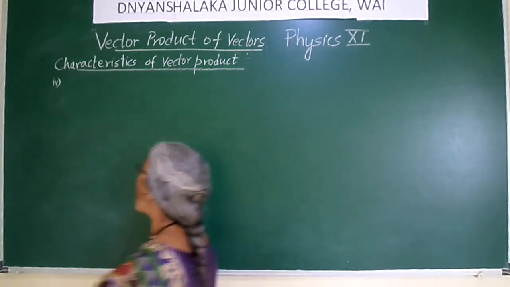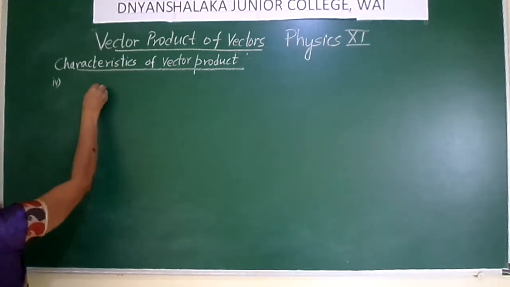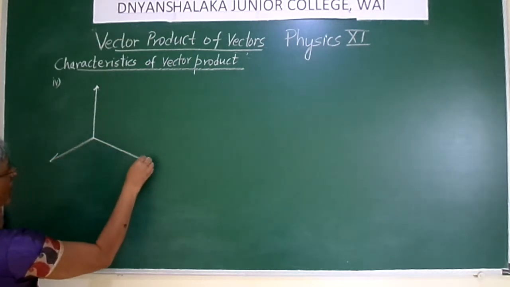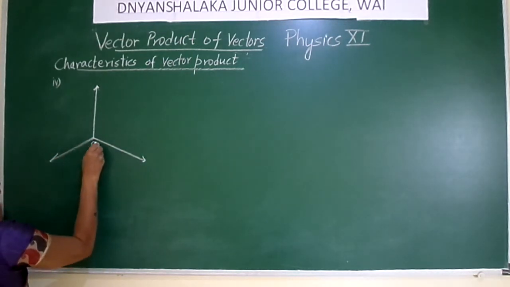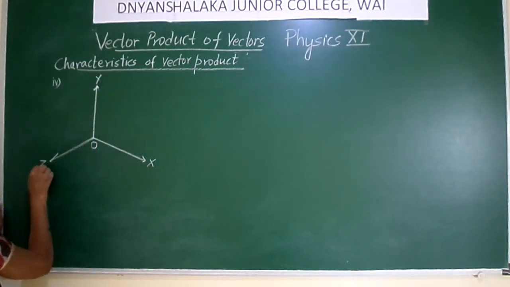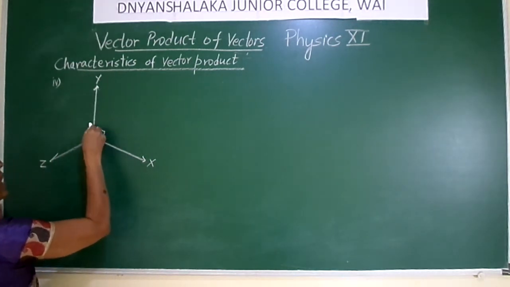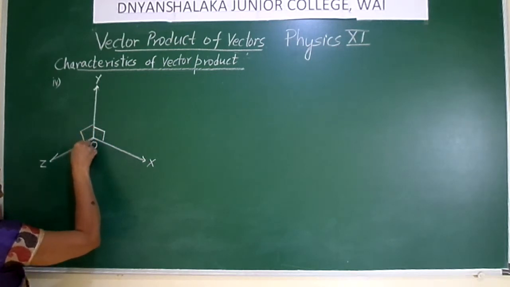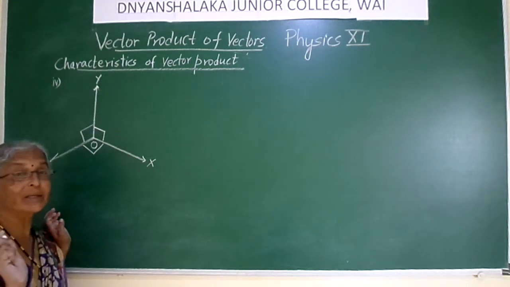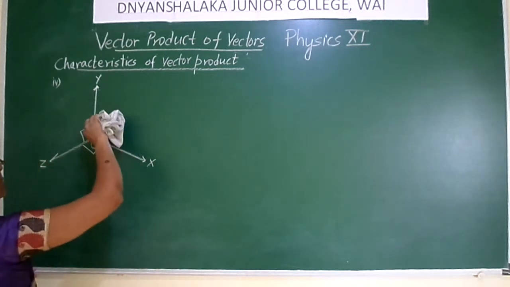Now we are going to consider the rectangular components of these axes, that is rectangular unit vectors. This is origin O. I take this as the x-axis, this as the y-axis and this as the z-axis. The angle between each pair is 90 degrees. That you have to keep in mind. These axes are mutually perpendicular to each other.